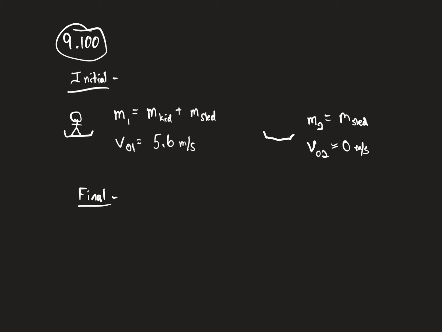So the kid's flying away, screaming, flying along. We'll call this mass 1 final. And how big is mass 1 final? Just the kid. So that would be the mass of the kid.